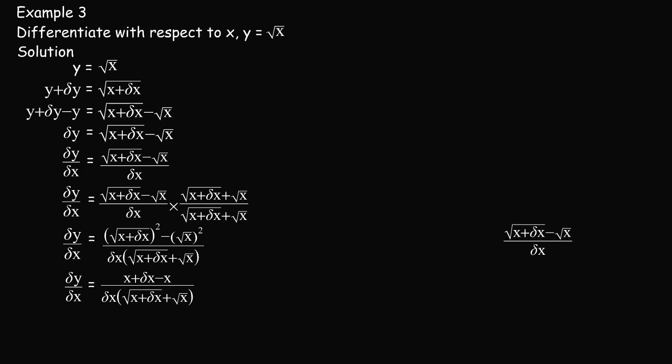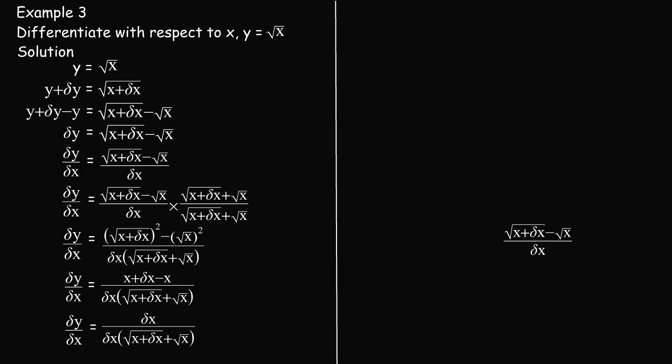Our numerator on the right hand side becomes delta s, because the s and the minus s will cancel out. So we are left with delta y divided by delta s will be equal to delta s divided by delta s (the square root of s plus delta s plus the square root of s).